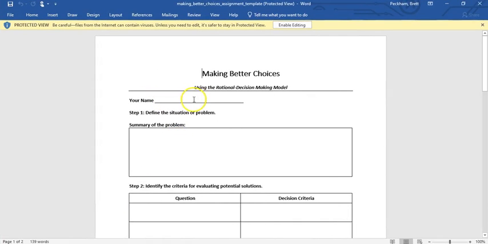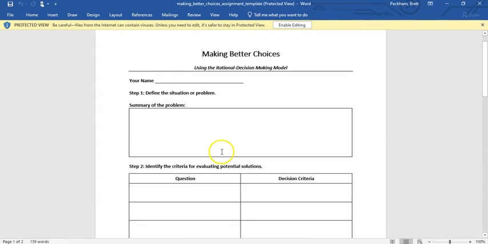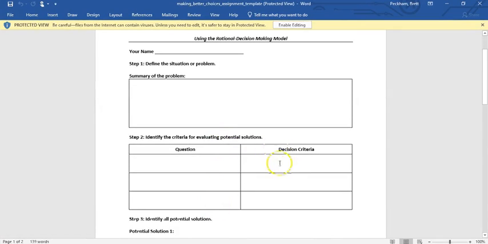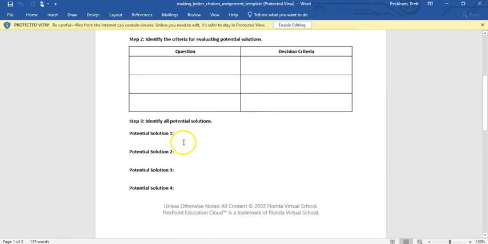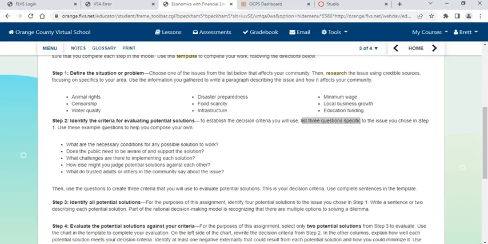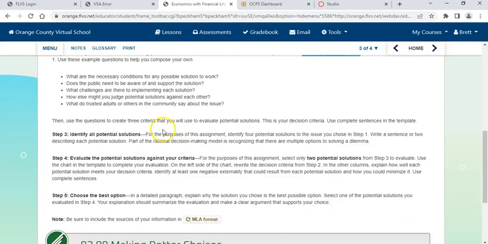So in the template, you put your name on there, what's the issue, what are your questions, and then the decision criteria for those questions. And then you're going to list out in step 3 4 potential solutions. So if we go back to it here, in step 3, for the purpose of this assignment, you want to identify 4 potential solutions to your problem there.